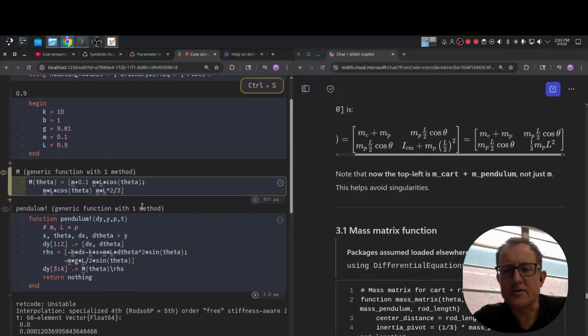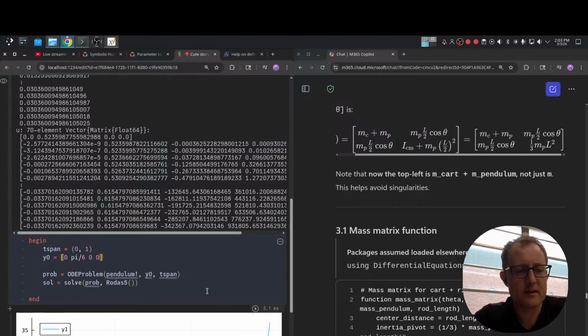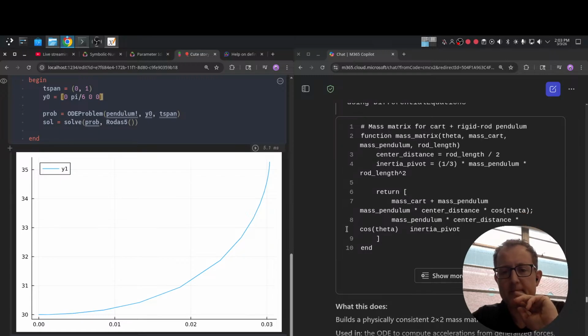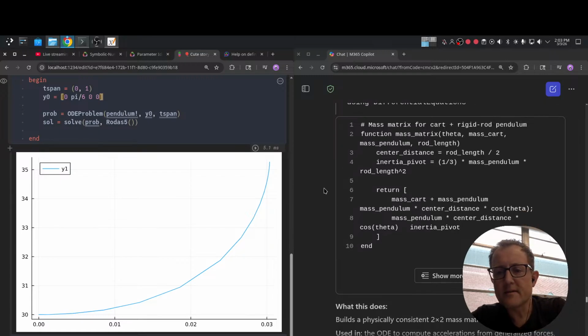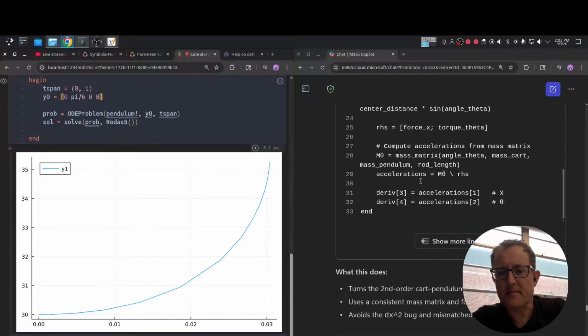And I could try that. Just add a little mass to the top. I don't think it's really going to solve any of the problems that I'm seeing. You know, I'm not sure what's happening.